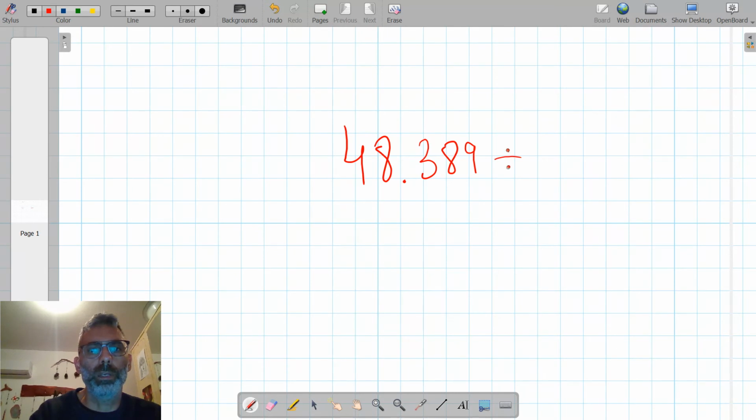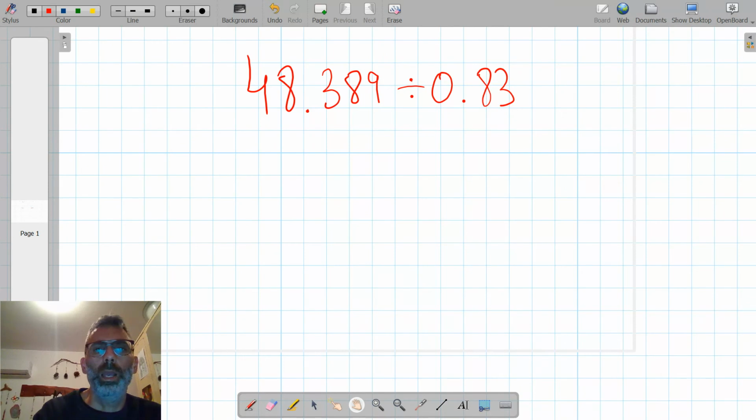48.389 divided by 0.3. Okay, I need to shift the decimal point in the divisor 2 places to the right. So the divisor will be a whole number. So I do the same thing in the dividend.